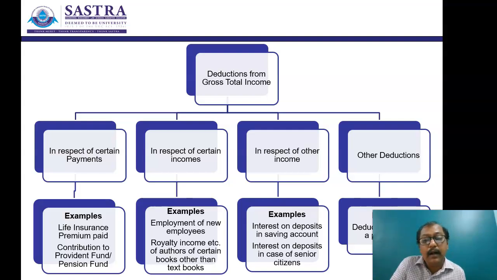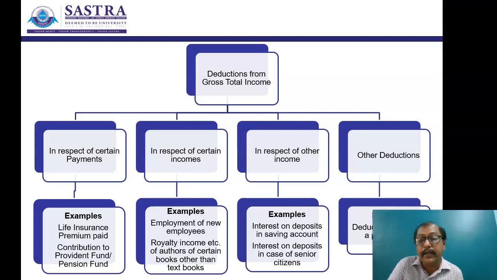Likewise, with respect to certain income, sometimes exemptions or deductions can be given. For example, the employment of new employees, and royalty income for authors. For certain books, other than textbooks, there can be some exemptions given.